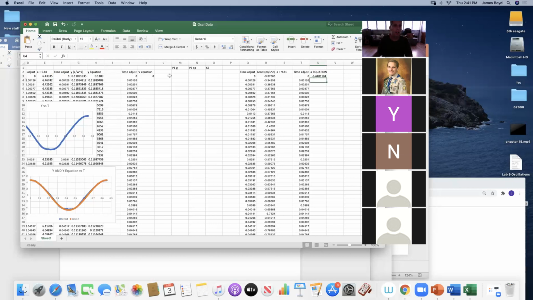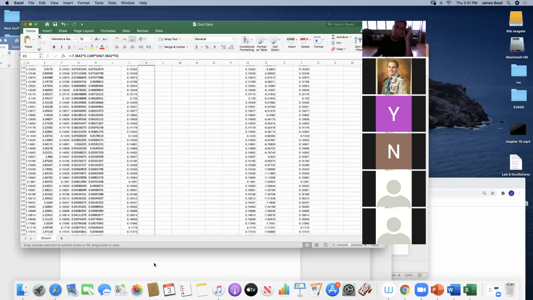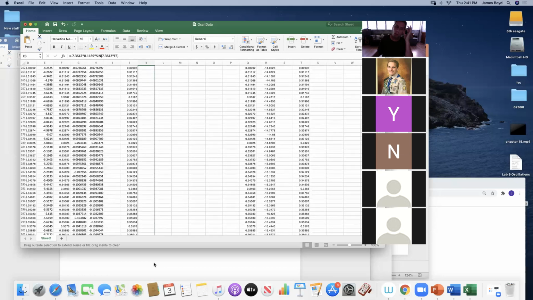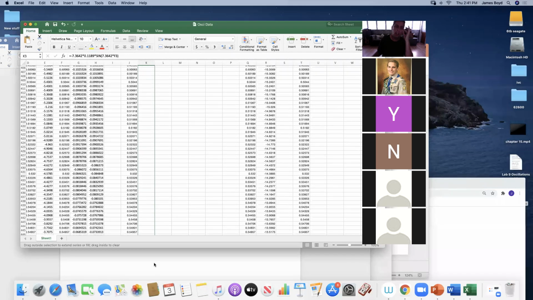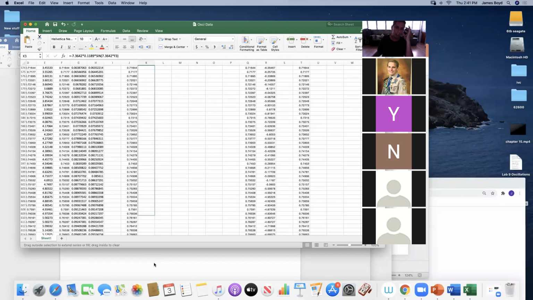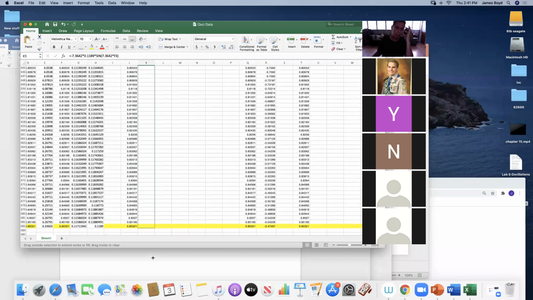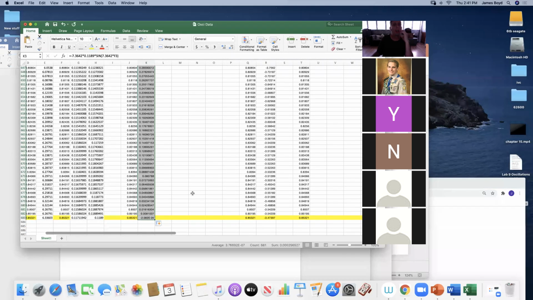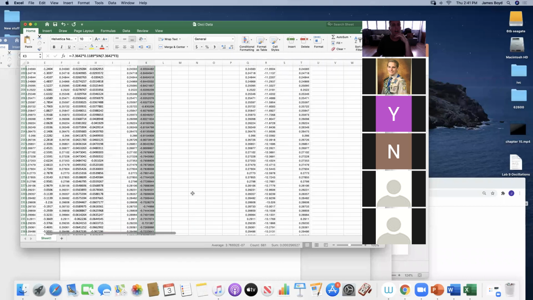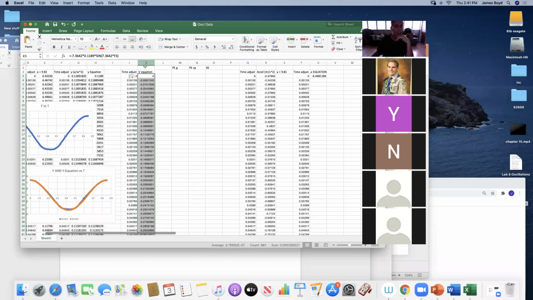And okay, so now I want you to look at something. I want you to do two things here. There's that. I want you to copy this and paste it here.